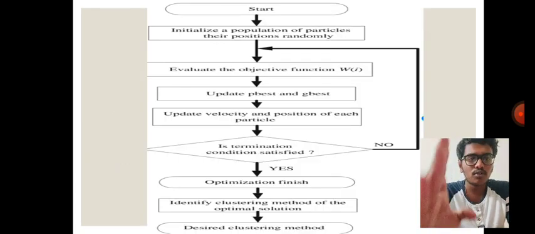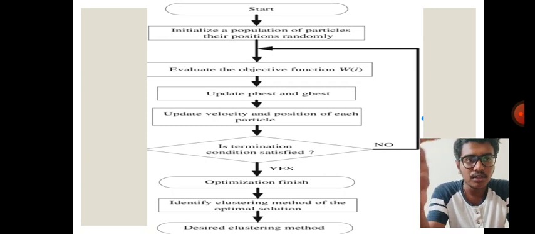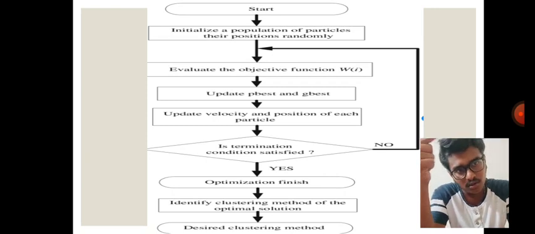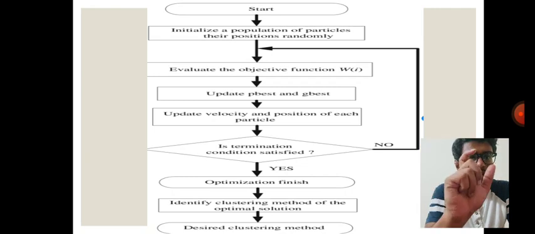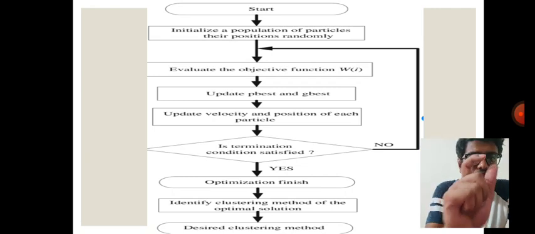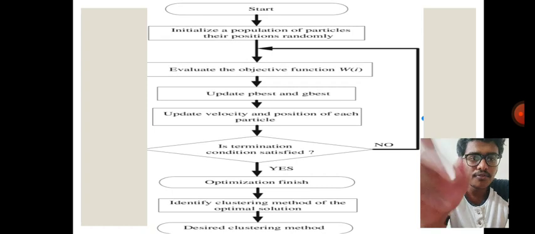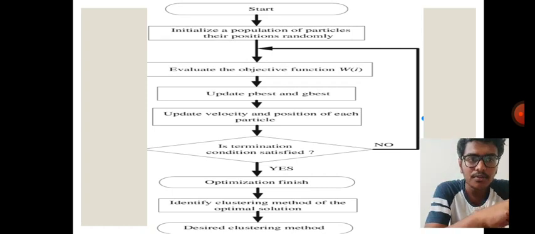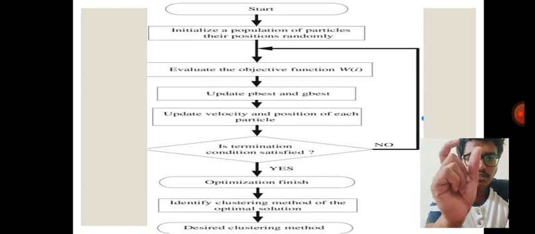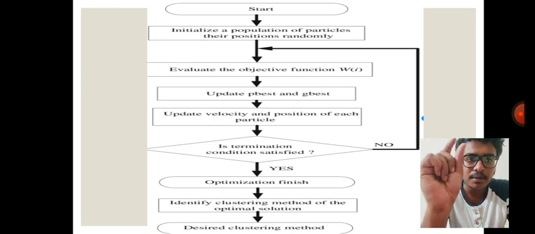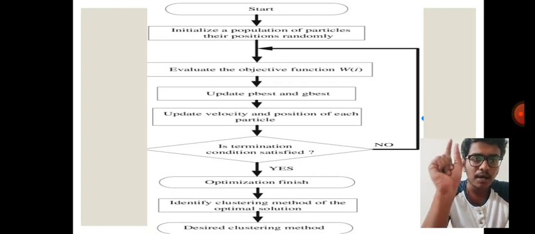Let us see a flow chart on this. First, coming from the top, start, initialize a population of particles with their positions randomly. Then evaluate the objective function and update pbest and gbest, and update the velocity and position of each particle.